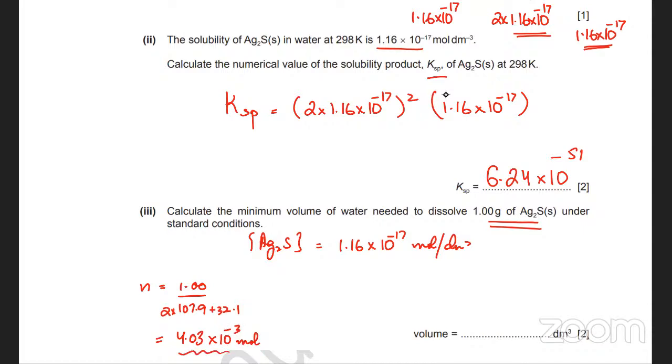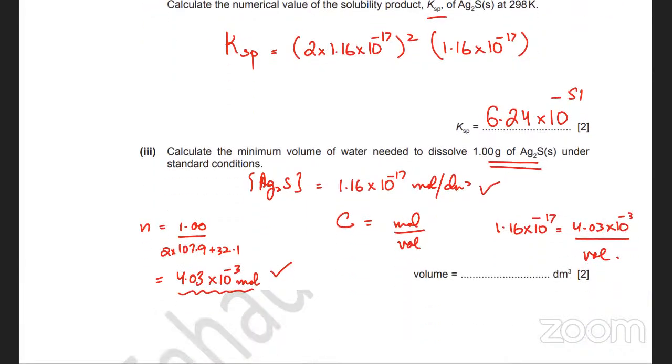ठीक है, this is the amount that you're getting. So concentration क्या होती है? Concentration is moles over volume, right? So you know the concentration, you know the moles that you're adding, so you can find the volume of the solution. So concentration is 1.16 times 10 power minus 17. Moles पता लग गए. 1 gram में how many moles? That's 4.03 times 10 to the power minus 3. So the only thing that's missing is volume, right? It will come out to be in dm cube.